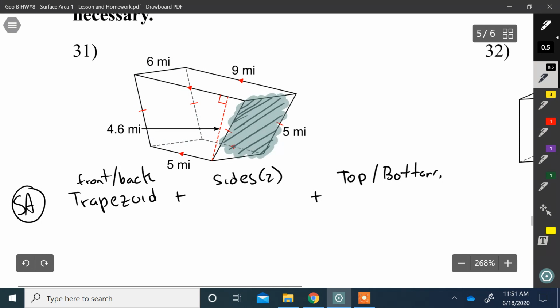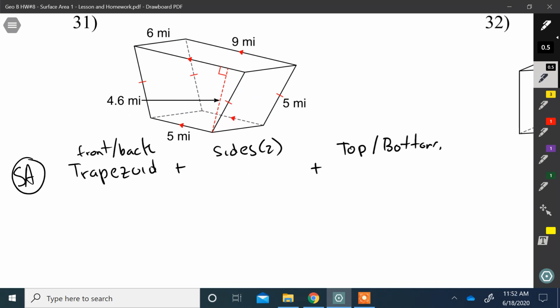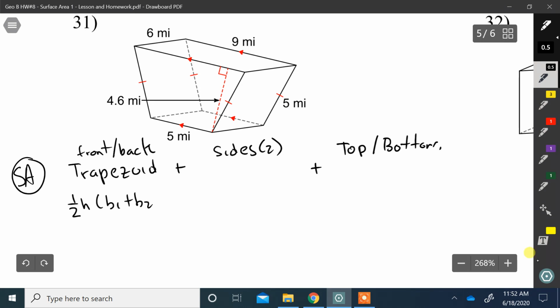So let's start with the trapezoids. The area of a trapezoid is half the height times base 1 plus base 2. And we have 2 of those.